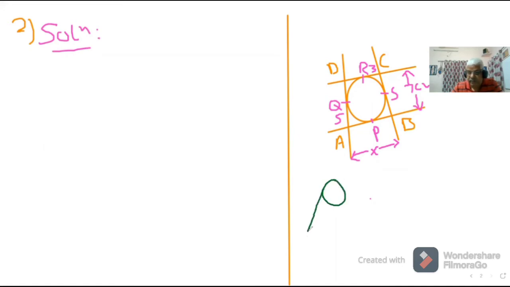QA and PA. First, what to consider, children? Observe, A is the external point, QA and PA are the tangents. Therefore, AQ 5 centimeter means this AP is also 5 centimeter.